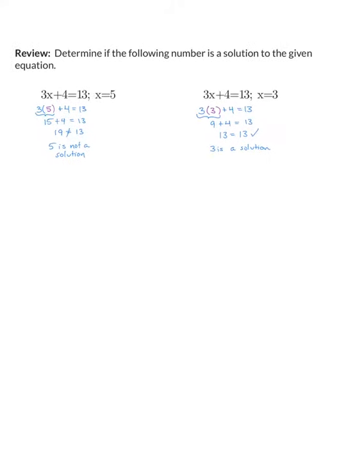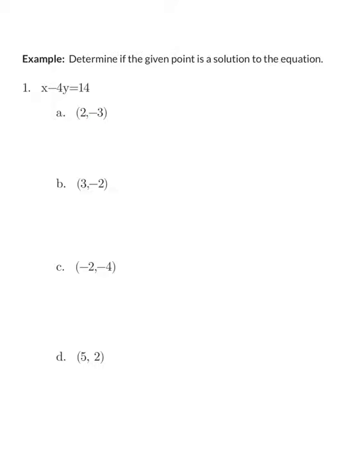Okay, so now what we want to do is extend the concept into equations in two variables. If we look at the above example, we have x minus 4y equals 14.